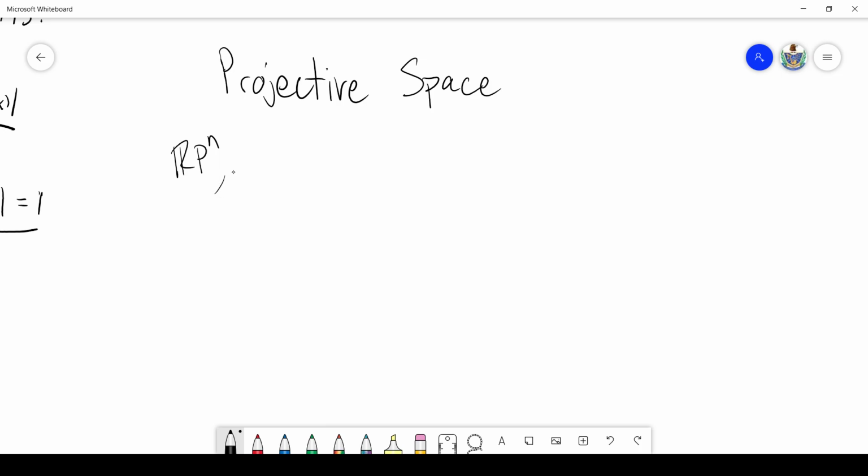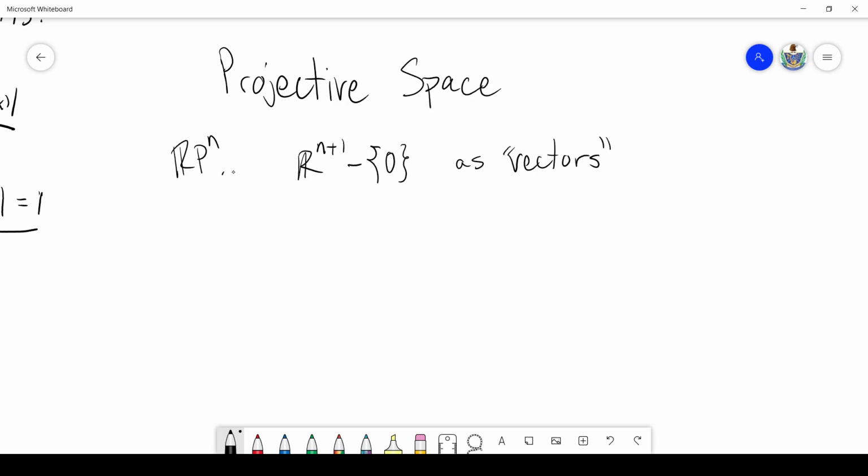So anyway, the construction of real projective space is we start in R^(n+1) minus 0, okay? And we consider, essentially, these points as vectors, right? And we're using this word loosely.